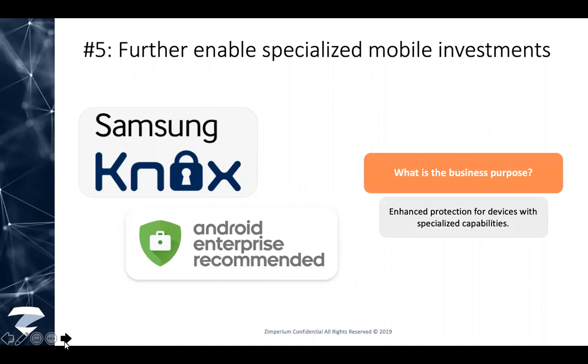Again, this is an investment protection thing. So for instance, with Samsung Knox, if a phone is Knox capable, there's certain things that you can do if you're a good mobile security solution. Prevent the installation of an app, delete a malicious app, that sort of thing would be the ways that you would be able to handle and protect that.